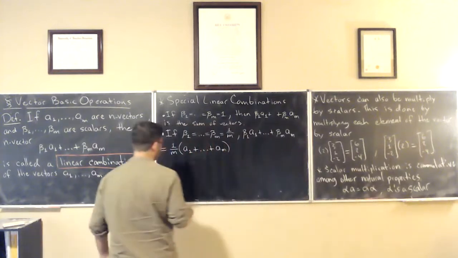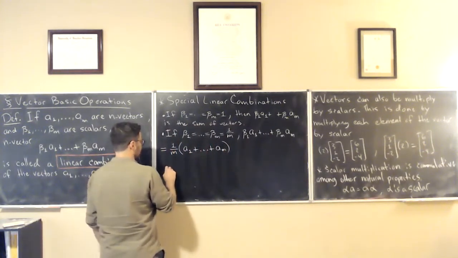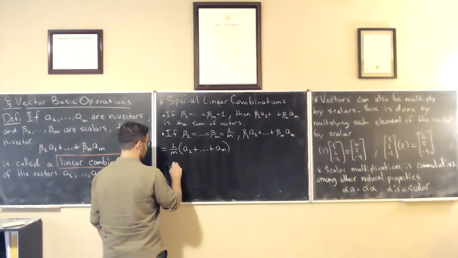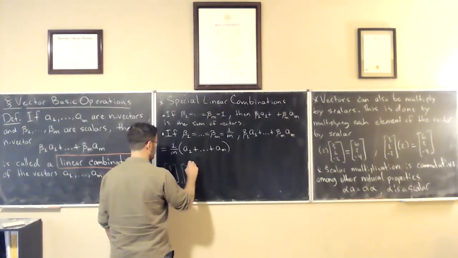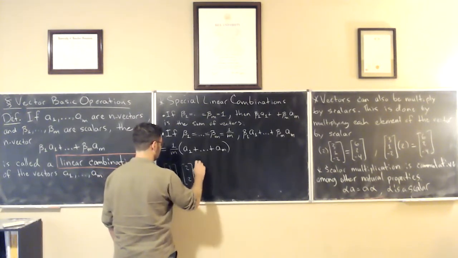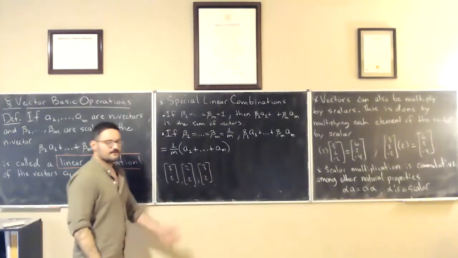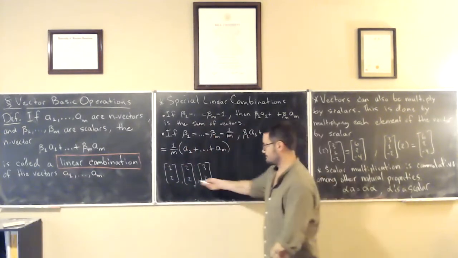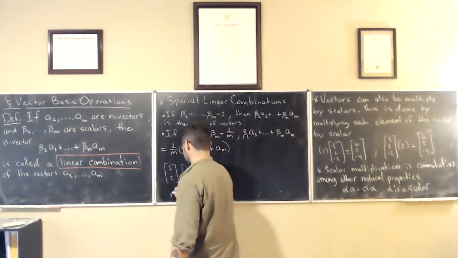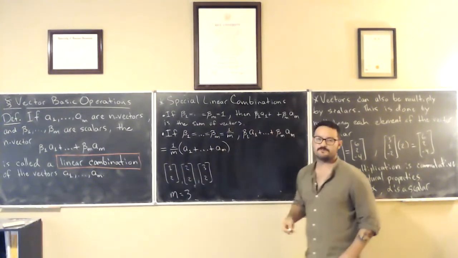So maybe I should do an example with this one. So if your set of vectors was like that, and you take this linear combination of these vectors, m here is what? There's going to be 3 of them, 1, 2, 3. So your choice for m is 3.